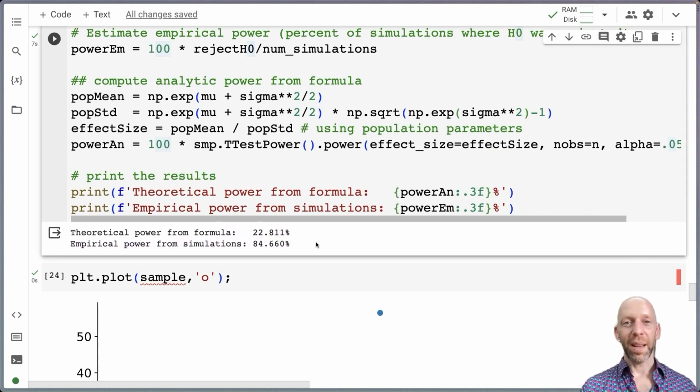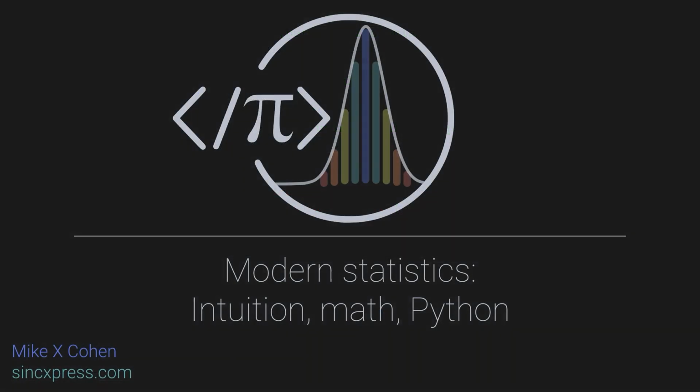Well, the answer is that we are violating the assumptions of the t-test and also violating the assumptions of the statistical power calculation. So basically the violations of the assumptions are sufficiently horrendous that neither of these results can be trusted at all. And that leads us to the solution, which is going to come up in the next exercise.